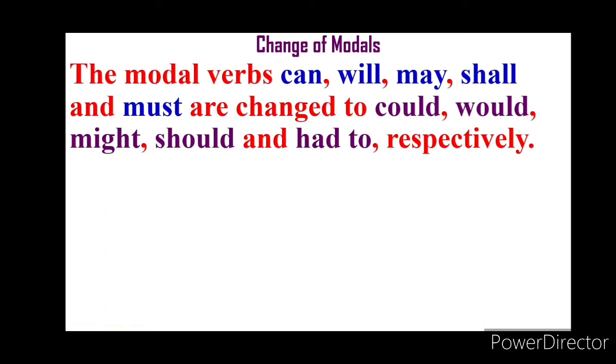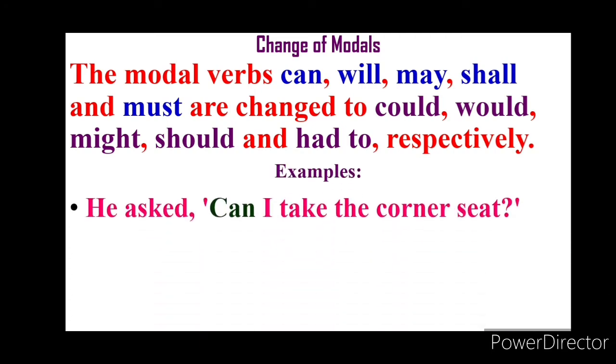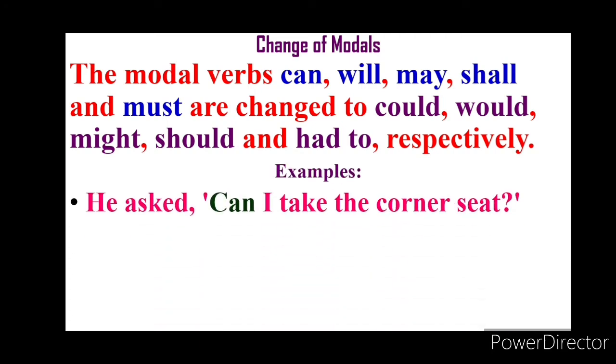Change of modals. The modal verbs can, will, may, shall, and must are changed to could, would, might, should, and had to respectively. Let's see some examples. He asked, "Can I take the corner seat?"